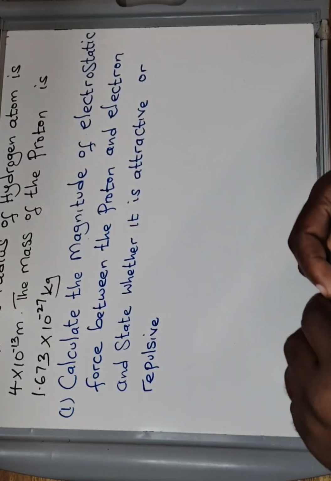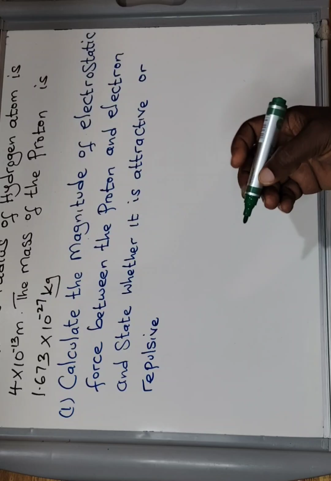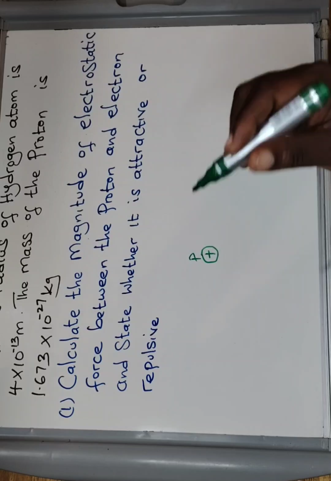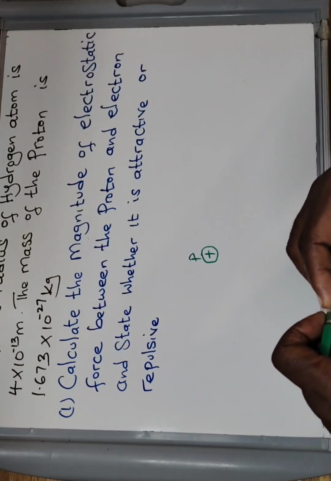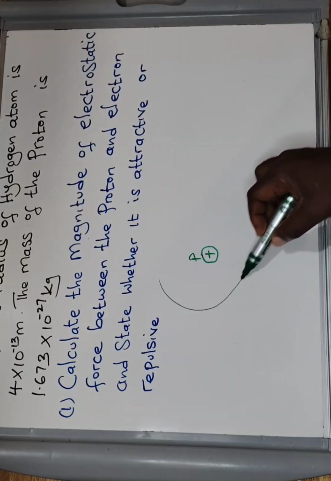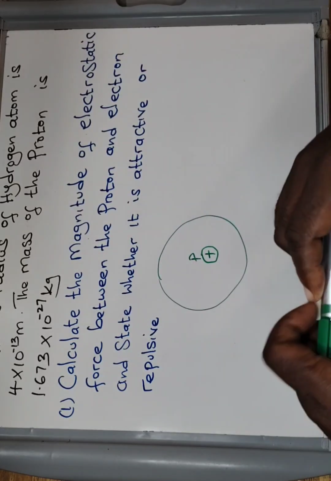To answer this question, you need to picture the hydrogen atom. This is what you have to know about the hydrogen atom: in the middle of the atom, there is a proton, one proton. And on the outside, we have the orbital, where one electron is located.